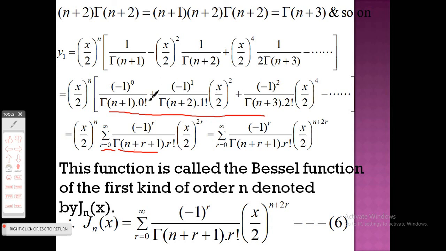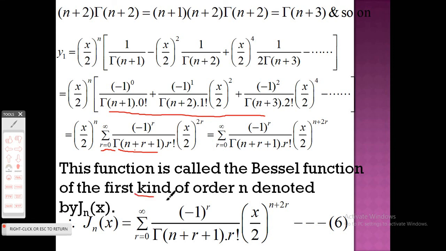That is summation r equals 0 to infinity of (-1)^r over Γ(n+r+1) r factorial, into (x/2)^(2r) and (x/2)^n. Together we can write it as (x/2)^(n+2r).